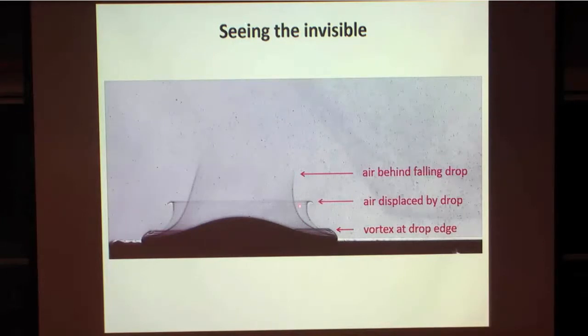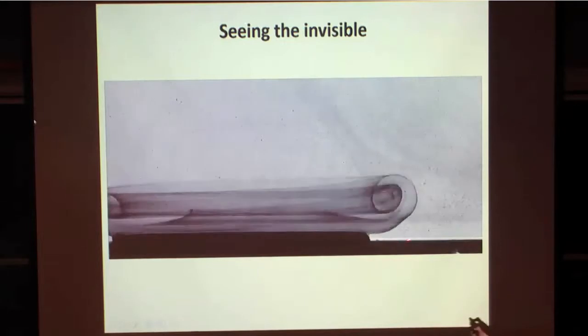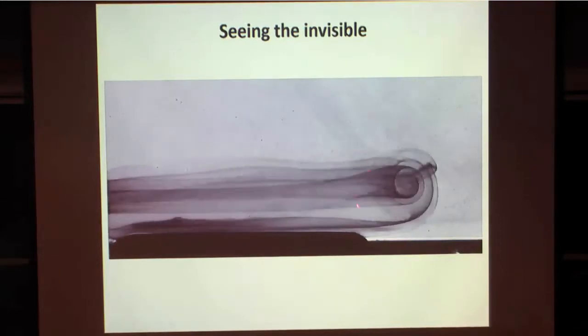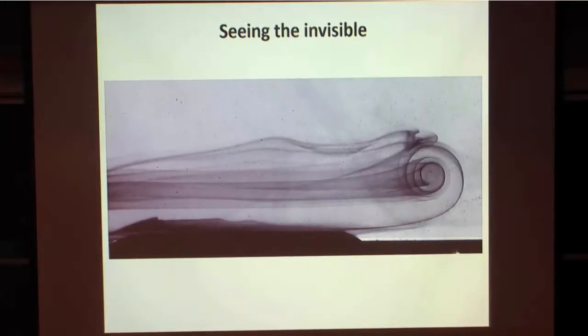We see this signal here, which is essentially the air that was just below the drop, which has to get pushed away. And we see this vortex here right at the edge of the drop that essentially travels together with the drop and eventually gets into this large-scale structure coming from the airflows behind.